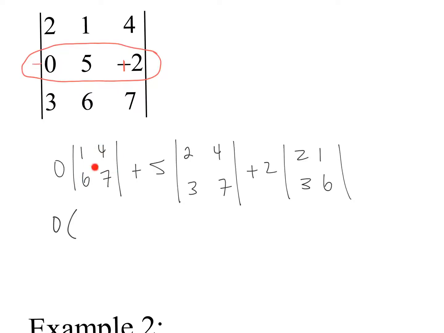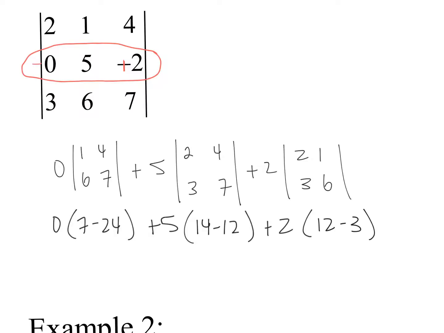So that means you start by going down always, 7 minus 24. Plus 5 times the determinant of this matrix, which is 14 minus 12, plus 2 times the determinant of this matrix, 12 minus 3.